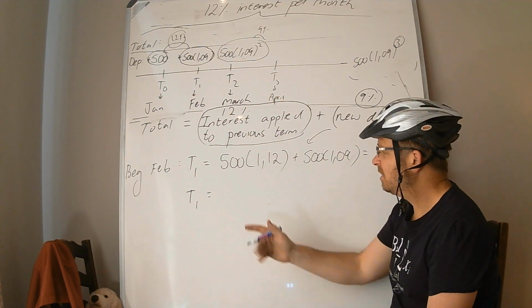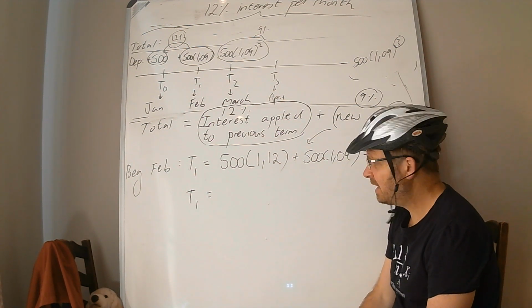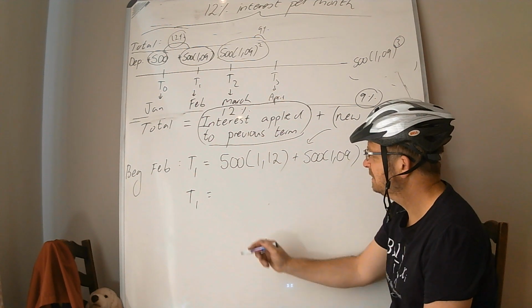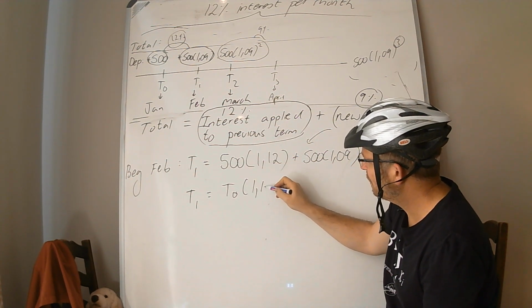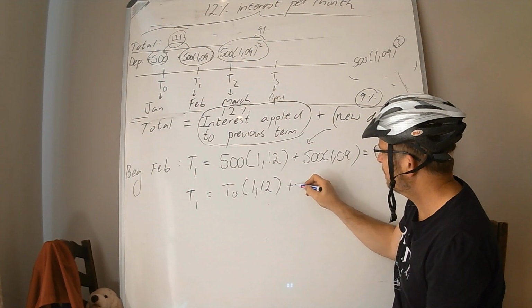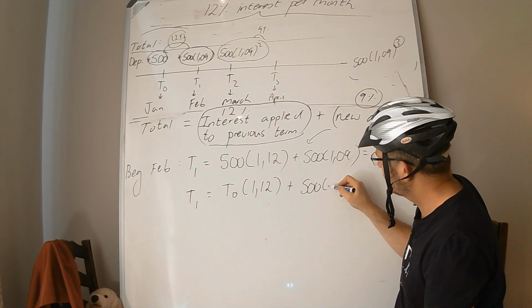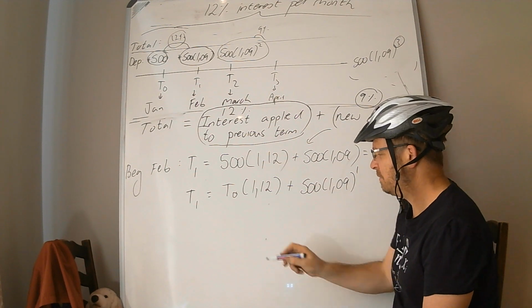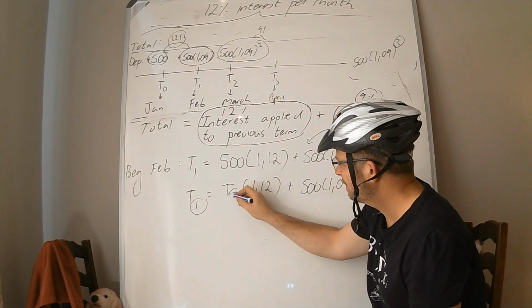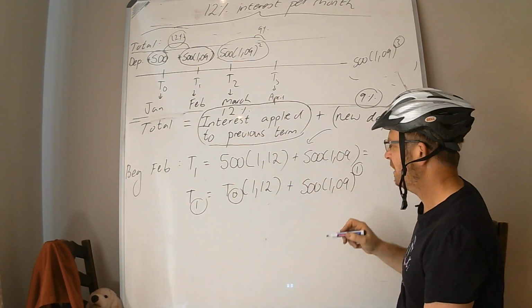So at T1, more important is the pattern: how much you had in the account at T0 times 1,12, plus 500 times 1,09 to the 1. Let's try to get our formula.